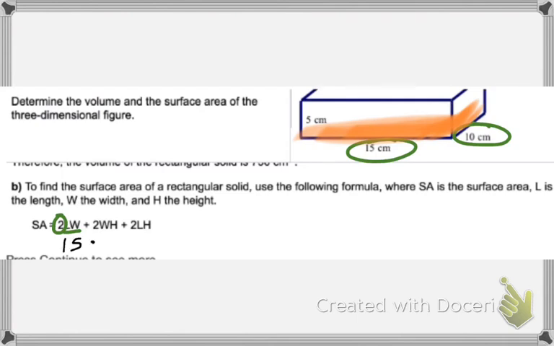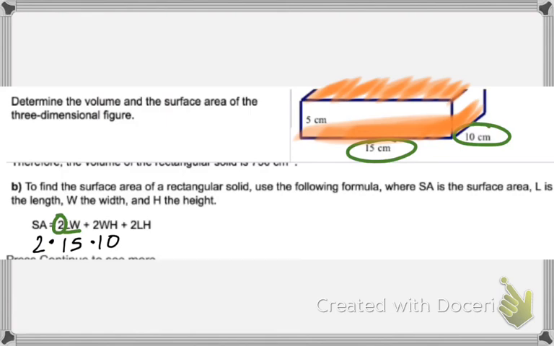So that's why you're doing 15 times 10, which gave you the bottom of the box. But because this is a box, if the bottom is 15 by 10, then the top is also 15 by 10. That is why the formula tells you to multiply that by 2.